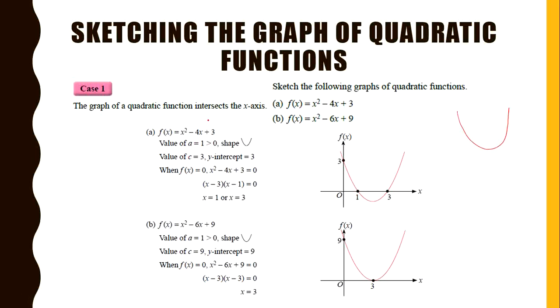Next, from this quadratic function we can see the y-intercept, the intersection at the y point. The y-intercept is c, and c is 3. So it intersects the y-axis here, and here will be 3.